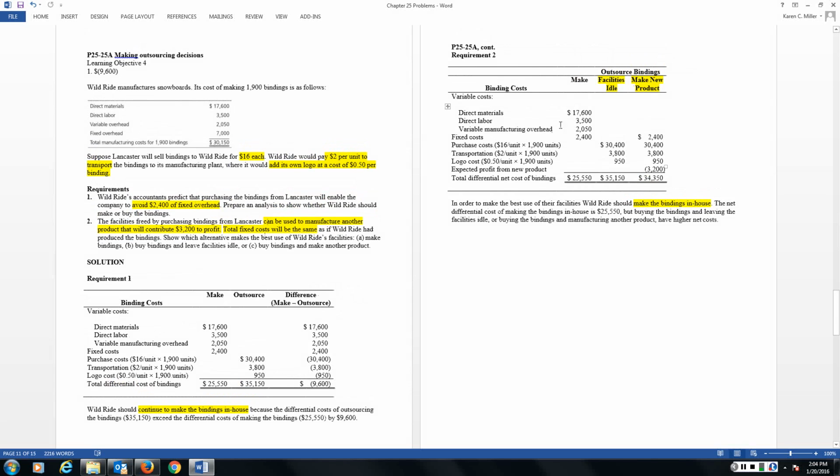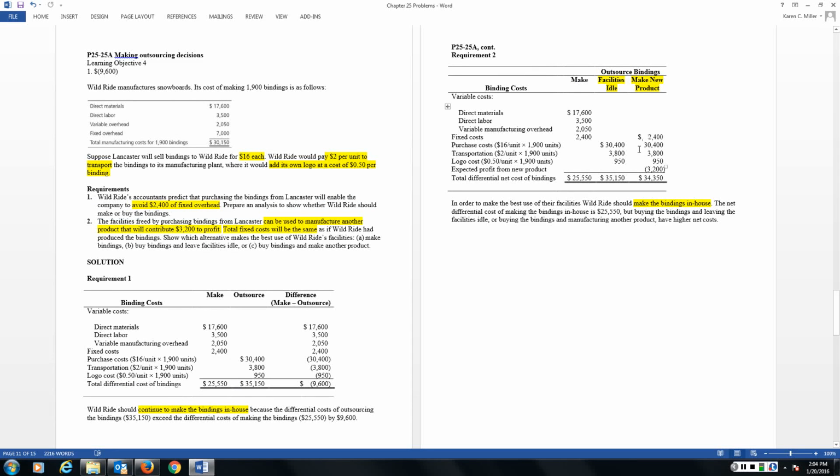Once again, here are our costs originally to make the product. This doesn't change. The cost if we were to outsource it and not use any additional capacity is what we calculated before. And now what we're looking at is we do have those $2,400 in fixed cost if we decide to make our new product and outsource this one.